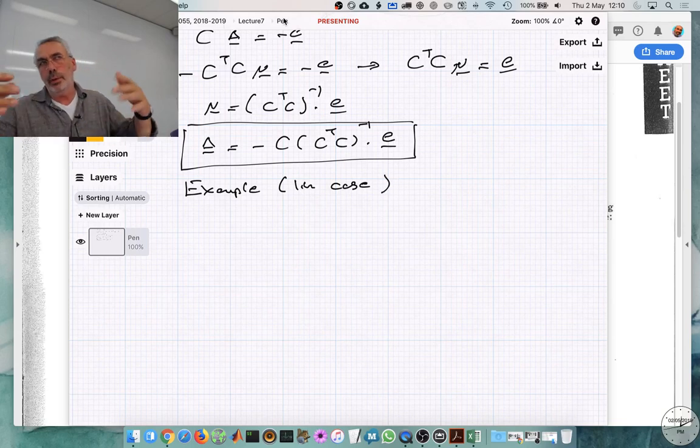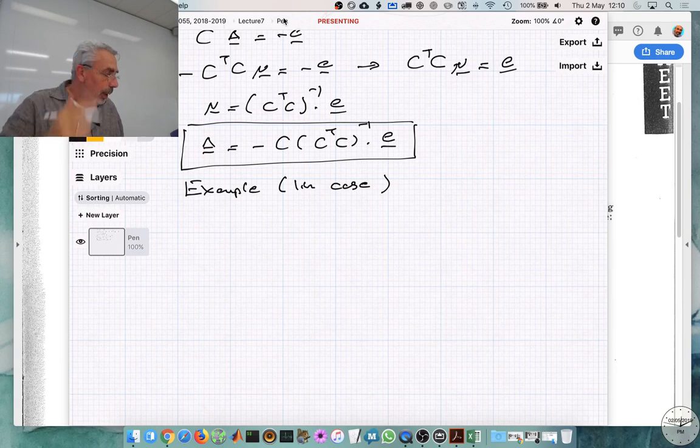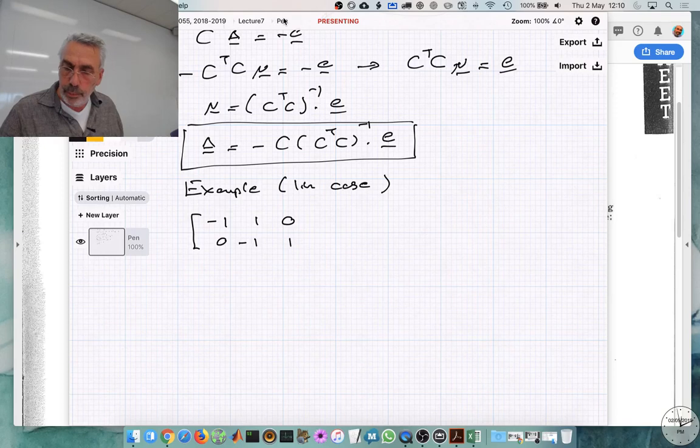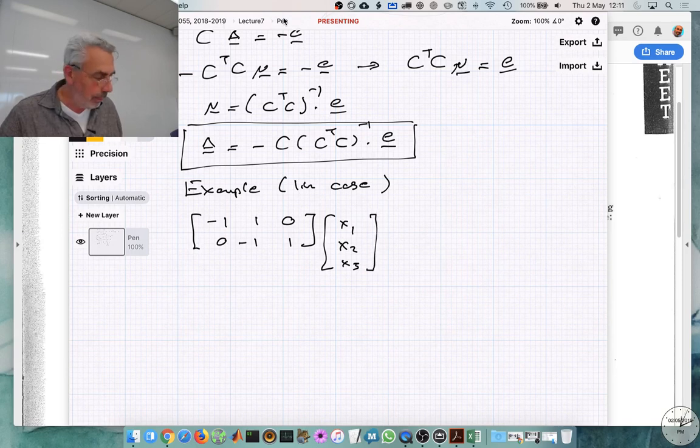Then it's like a one-step Gauss-Newton process. And the problem is such: this is the set of equations I'd like to solve. Minus 1, 0, 0, minus 1, 1, times x1, x2, x3.